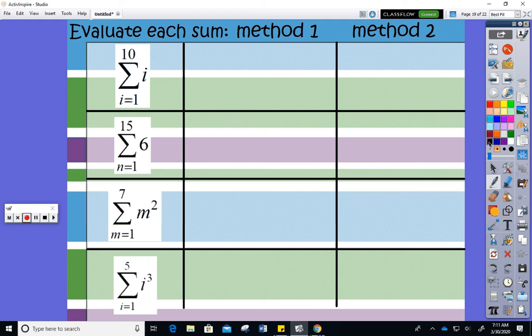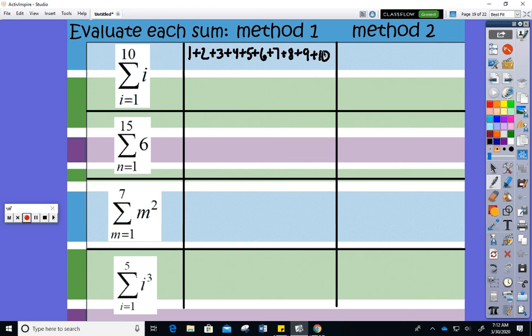I'm not going to write that now. I'm hoping you're seeing that I'm going to kind of start to wean out a step. So on this one, a sub 1 is just 1. A sub 2 is just 2. A sub 3, a sub 4, a sub 5, a sub 6, 7, 8, 9, and 10.